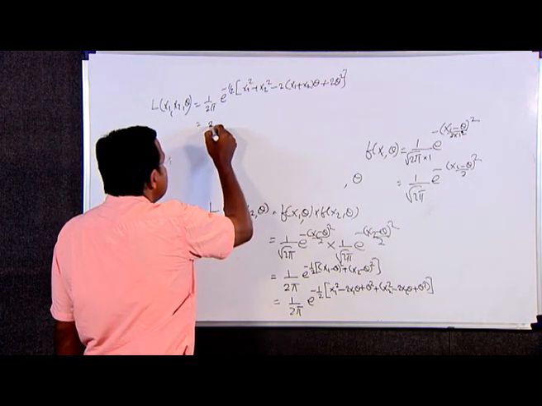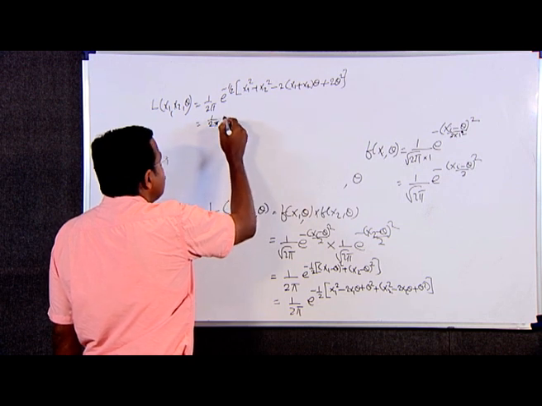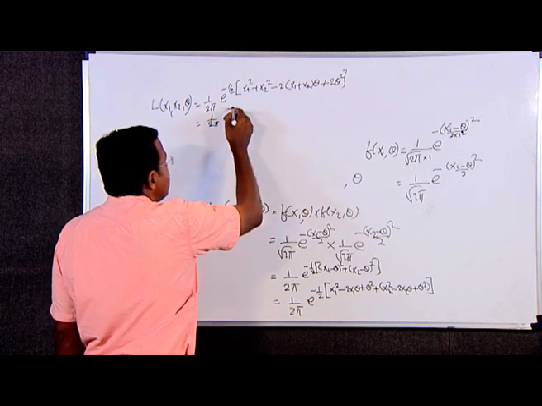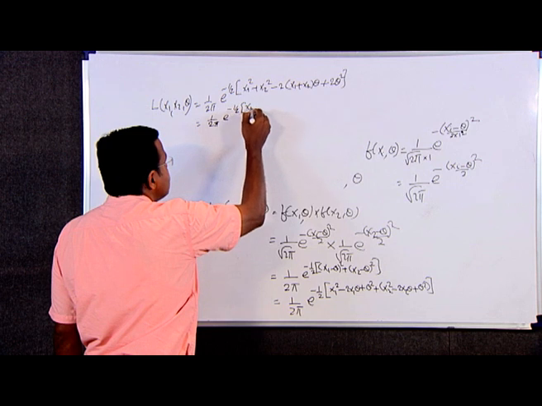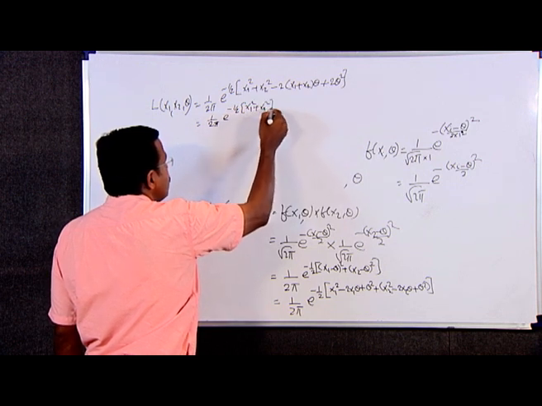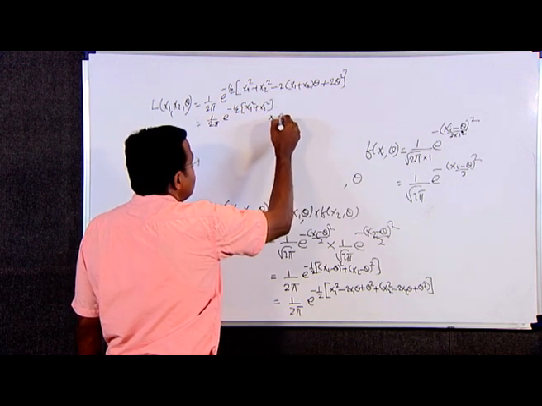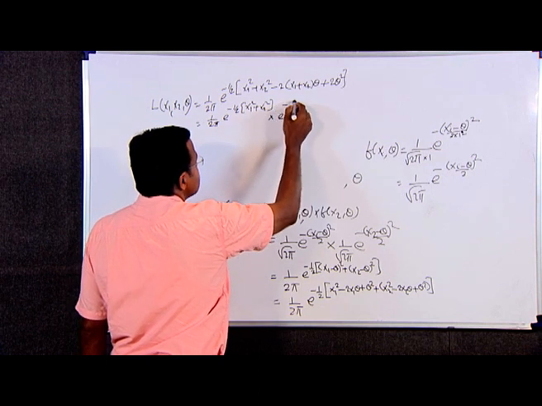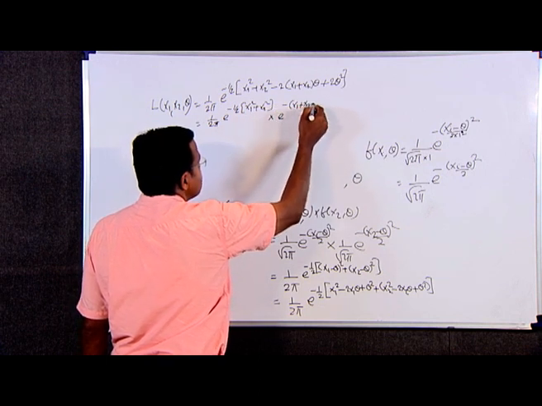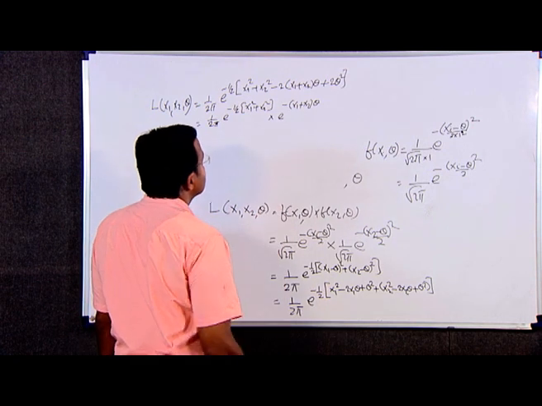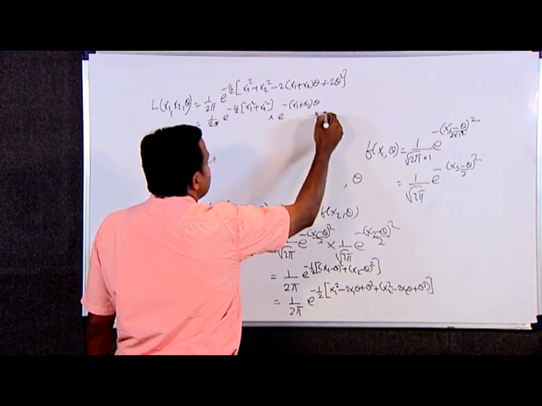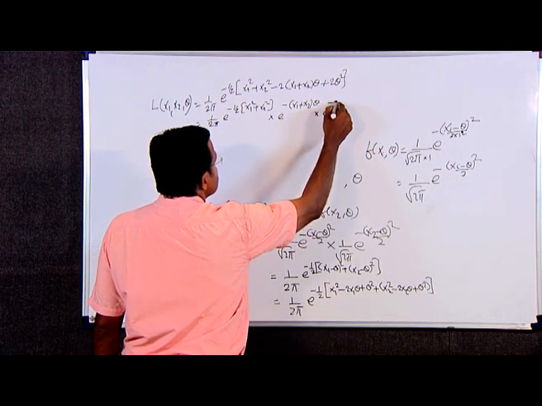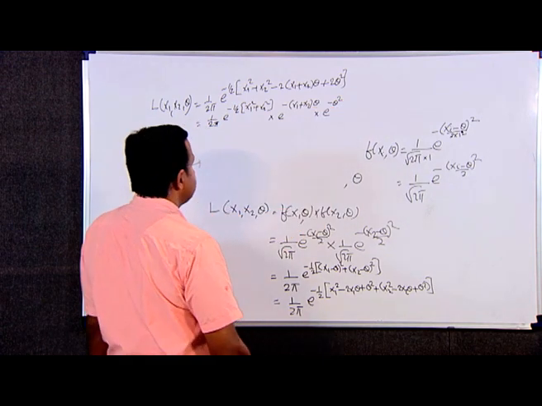That is equal to 1 by 2 pi into e raised to minus 1 by 2 into (x1 square plus x2 square) into e raised to minus of (x1 plus x2) into theta into e raised to minus theta square.